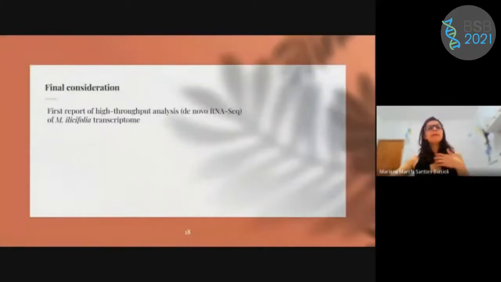So finally, from the present study, an extensive transcriptome dataset has been generated from the de novo sequence analysis of Maytenus ilicifolia, the first work of transcriptome analysis in Maytenus ilicifolia.